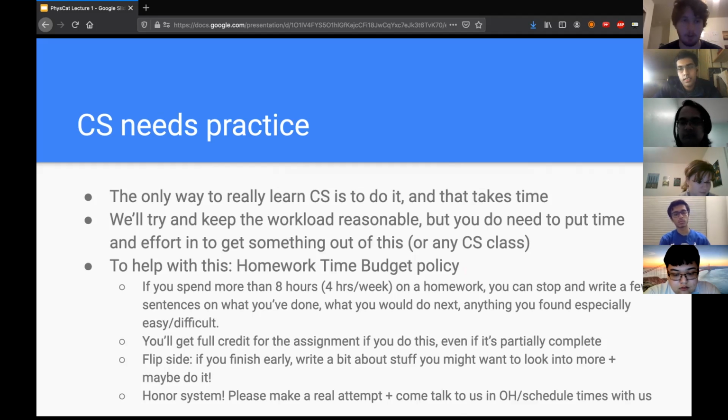The one exception to this is, of course, you need to do part 1 of this homework all the way through. You need to set up your programming environment so you can do all the rest of the homeworks. I don't think we have a time budget for that, but if you do have trouble with it, tell us, and we both have fairly flexible schedules.